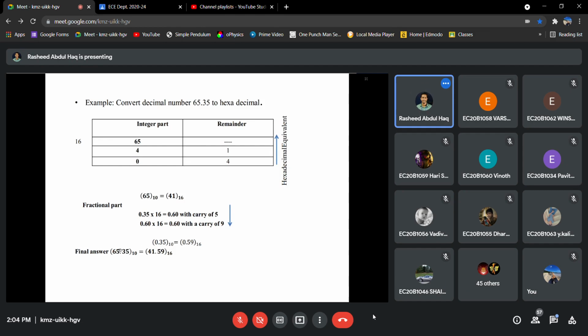So is everyone clear how we got 65.35 in decimal to 41.59 in hexadecimal? Can anyone convert this to octal and give me the answer? Anyone?